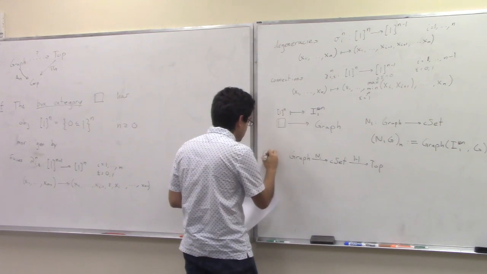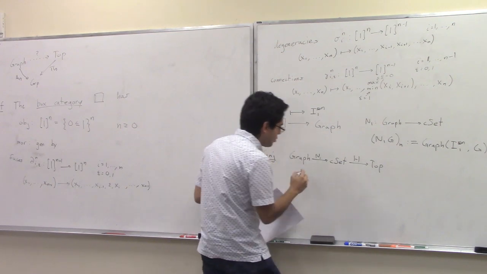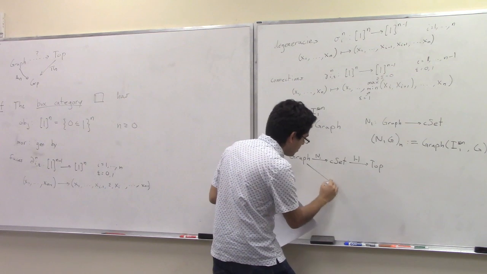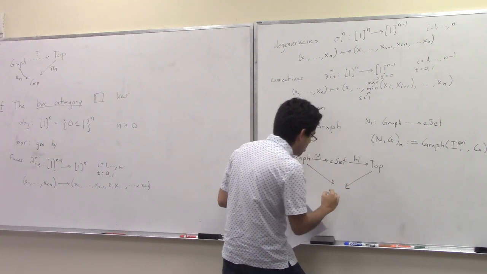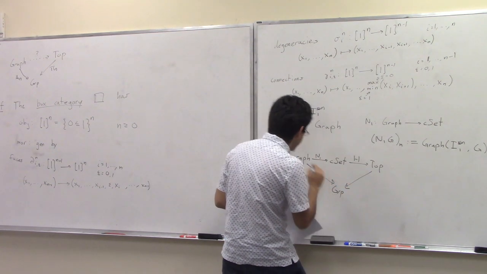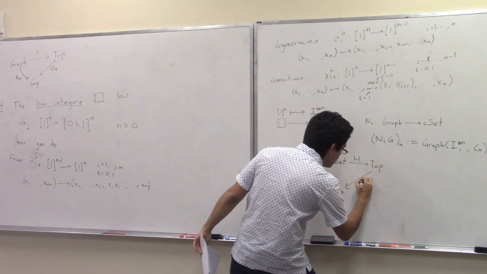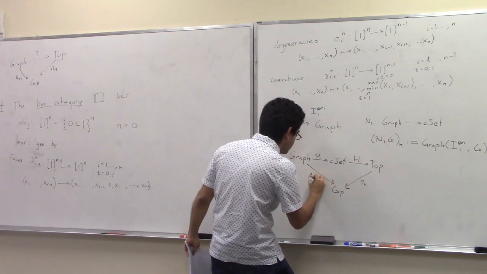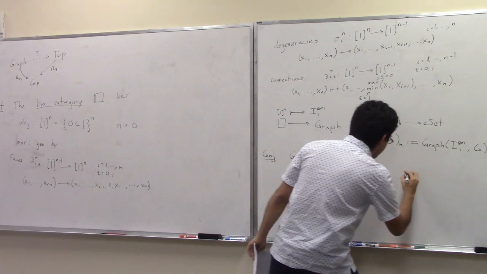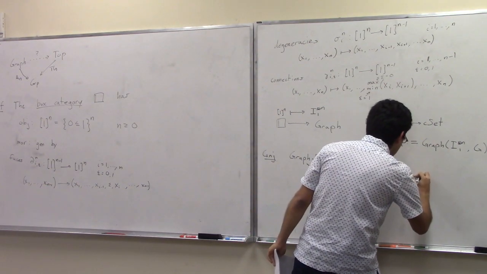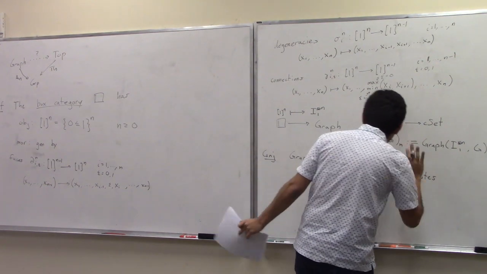And so the conjecture would be that this is the functor that you want, so that this triangle commutes, maybe up to some natural isomorphism.